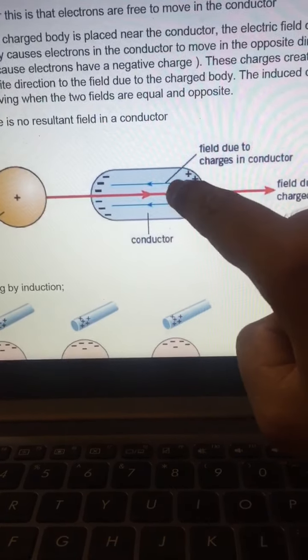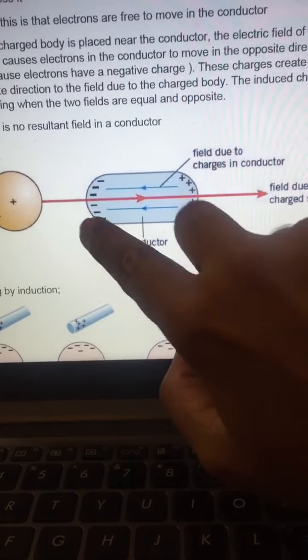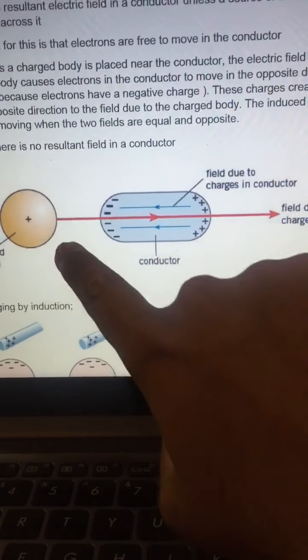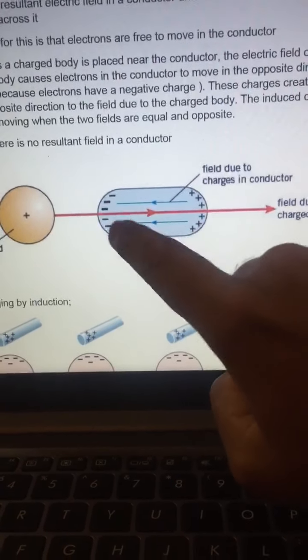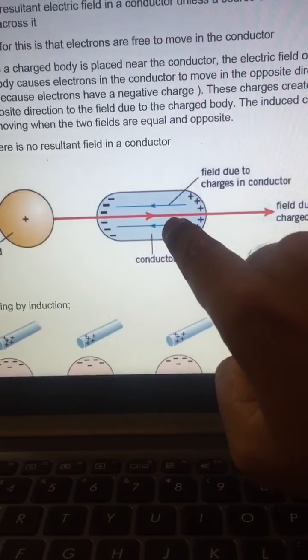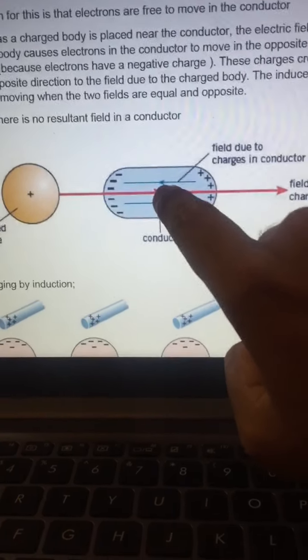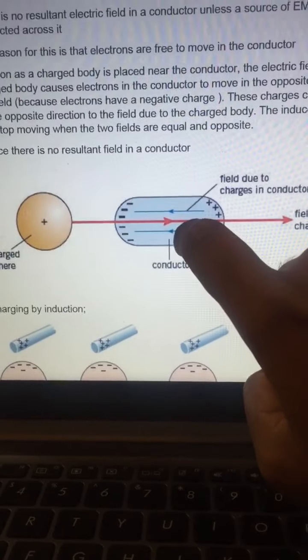Once the field strength inside the conductor, formed by the separation of the charges, equals the field strength of the positive charge which is outside, so once the blue field lines become as strong as the red field lines, then there will be no more movement of the electrons.